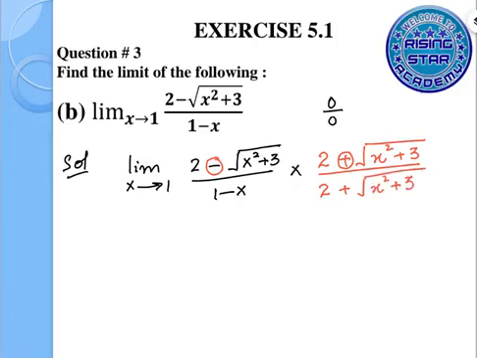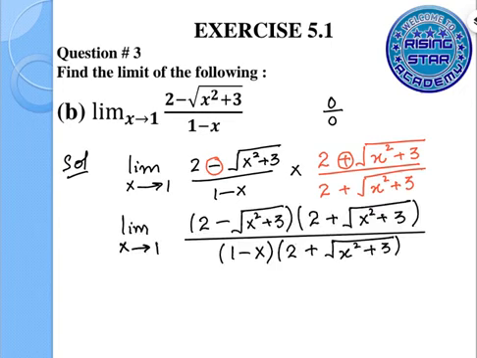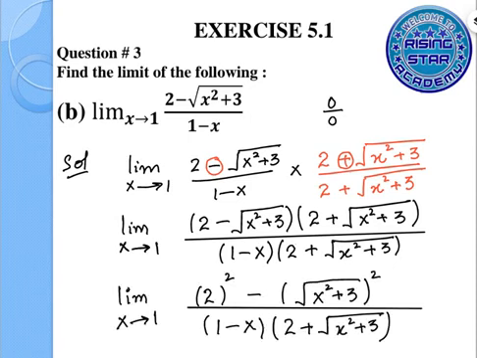In the next step, we will write it in multiplication form. So it is written in the product form. Now we will apply the formula to simplify it further. So in the next step, I applied the formula.